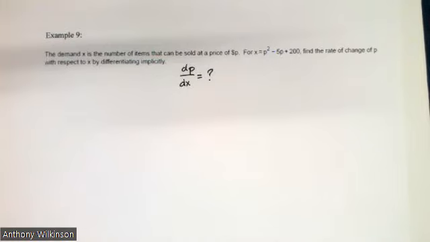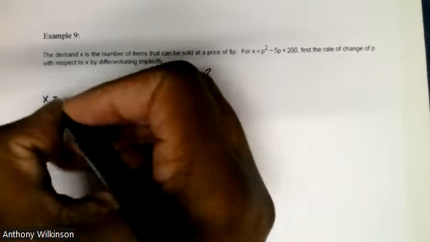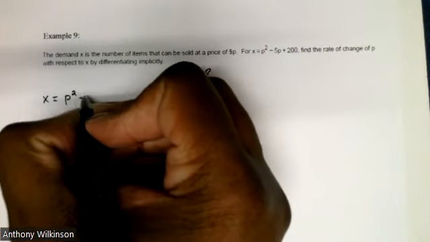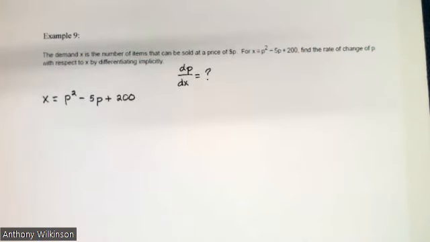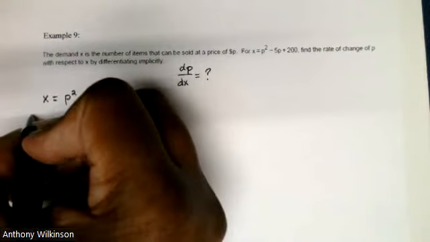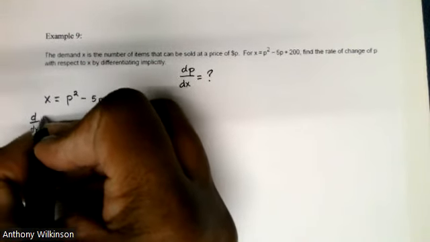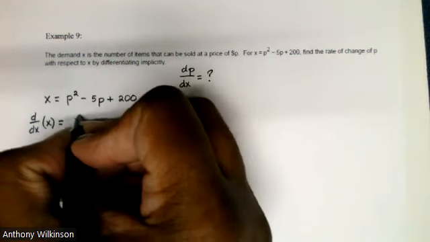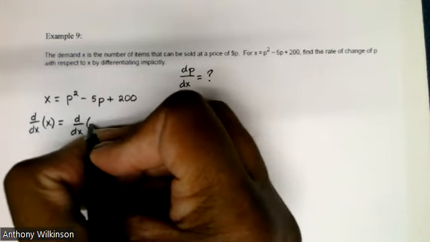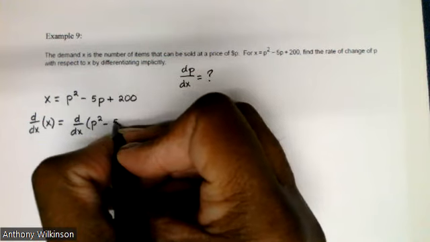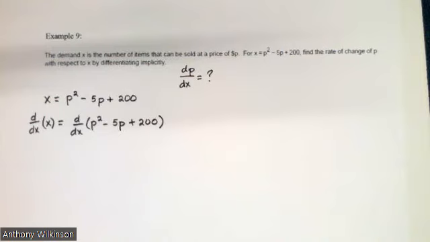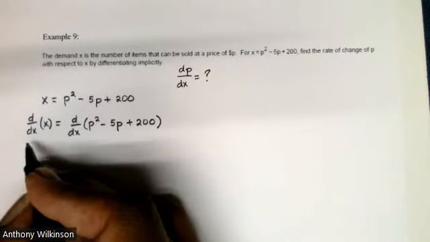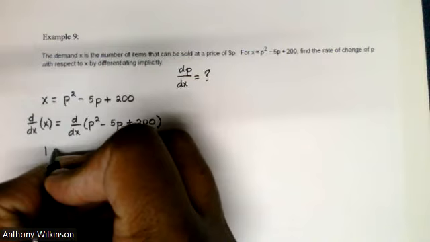All right, so here's our equation. X is equal to P squared minus 5P plus 200. So here we're taking the derivative of each term on both sides of this equation with respect to X. The derivative with respect to X of X is obviously going to be 1.